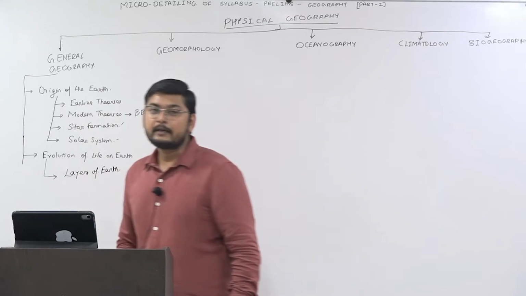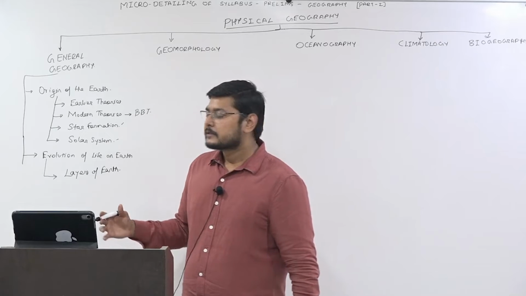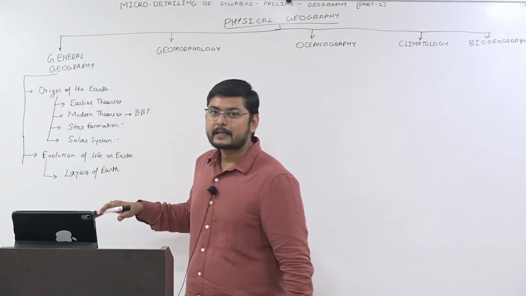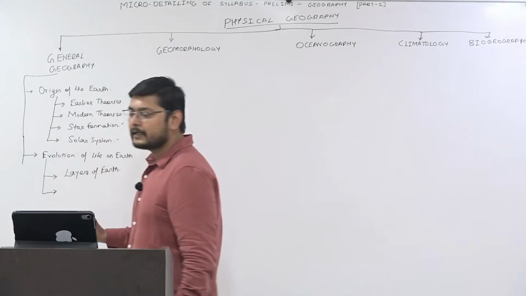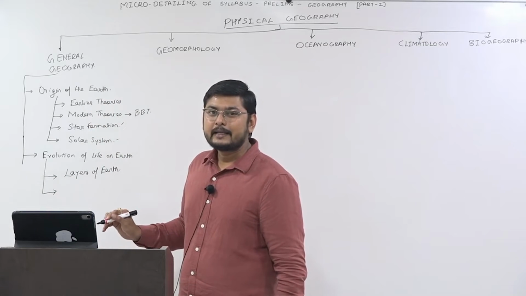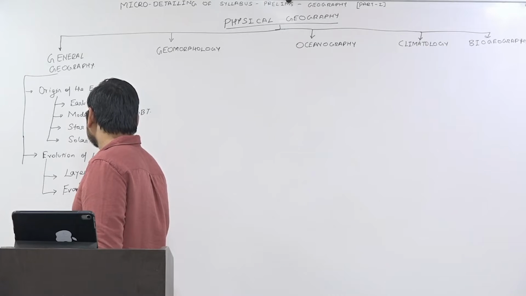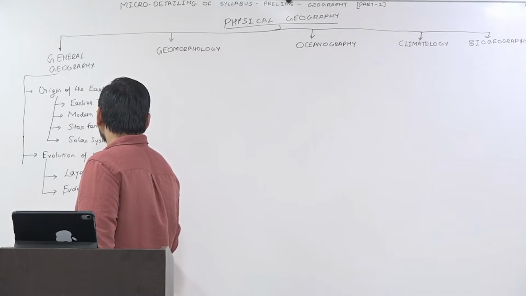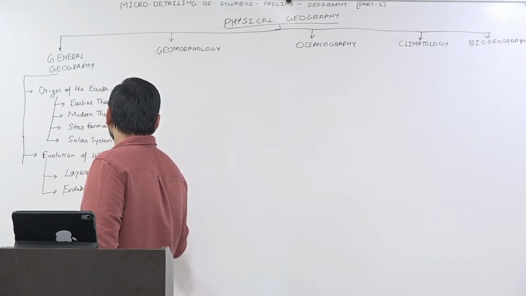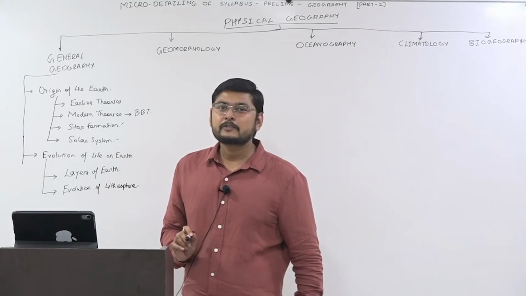We see that currently the earth is in the initial stage or the primordial stage. So how the layers of earth were present, how they were formed, then we'll be seeing that with the formation of layers of earth, there is evolution of lithosphere. Evolution of lithosphere. How the lithosphere has formed, what are the different aspects of lithosphere.